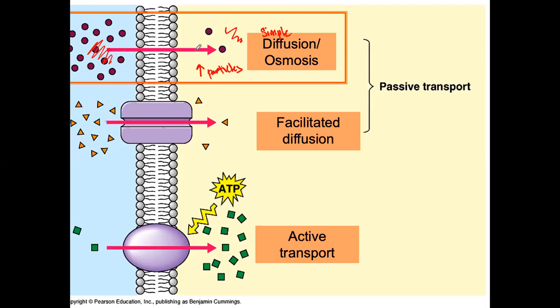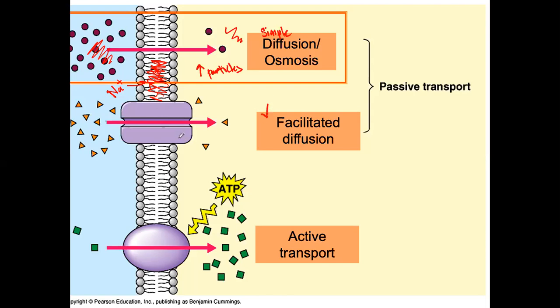Water's a polar molecule, it's just going to go right through the plasma membrane. How do we get glucose and sodium and chloride in? Those can't go through the plasma membrane because this whole region is lipophilic, and there's no way you're going to get a charged ion through that fat soluble region. It's not going to happen. So we have to have a way to do this, and it's called facilitated diffusion.